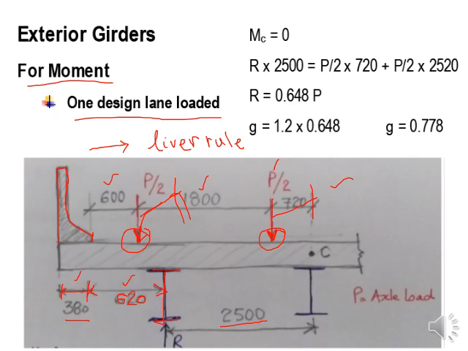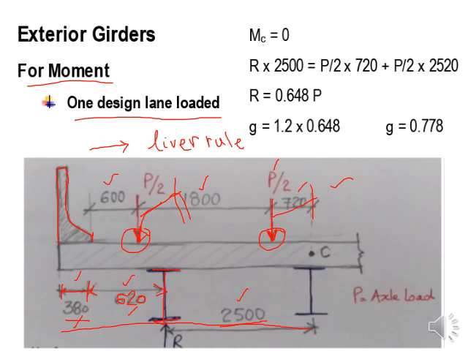Okay, and finally, if you include the 600 plus 1800 with the second wheel coming in between, the rest of the distance, starting from here till here, will be 720 if you add up 2500 plus 620 plus 380.